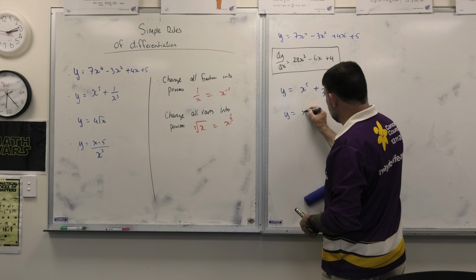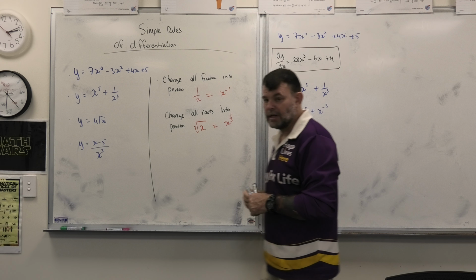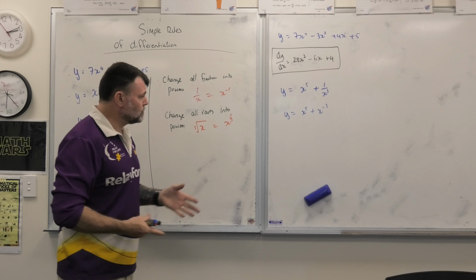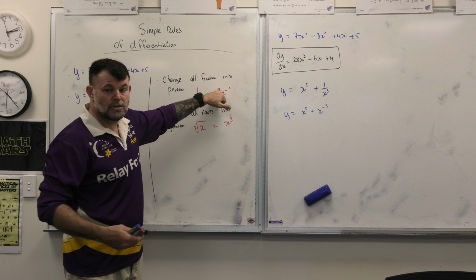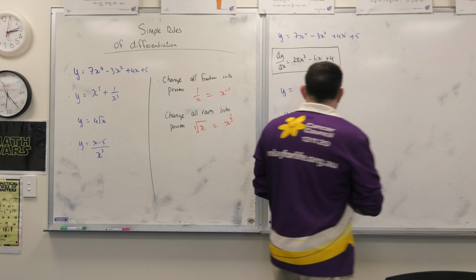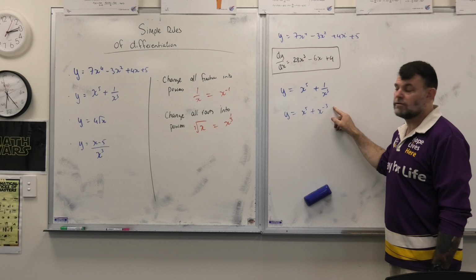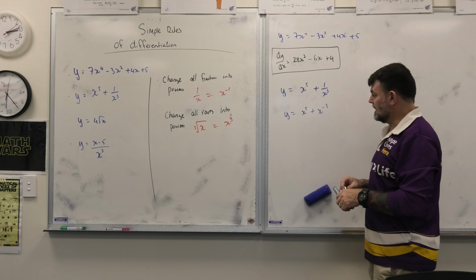So y is equal to x to the power of 5 plus x to the power of -3. Remember our indices rules: if it's a fraction, we write it as an indice to a negative power of the power in the denominator. In this case, the power was 3, so it's to the power of -3. And it's from this point that I can now start differentiating.